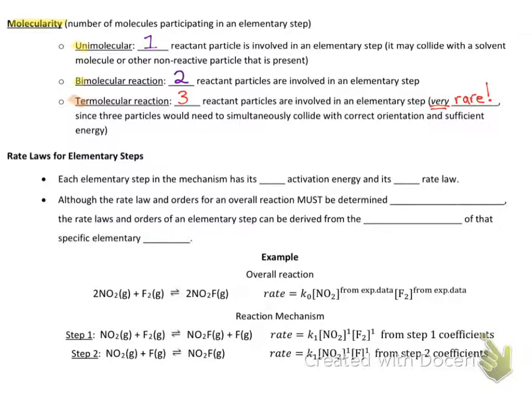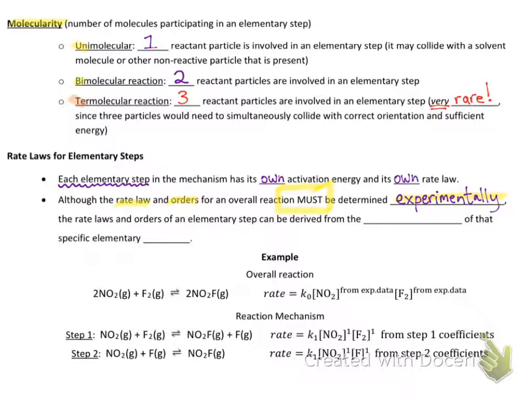Now, when looking at rate laws for elementary steps, it turns out each step in the mechanism has its own activation energy and its own rate law. Now, I am sure you are 100% aware by now that the rate law and orders for an overall reaction must be determined experimentally. There is something crazy about the rate laws and orders of an elementary step.